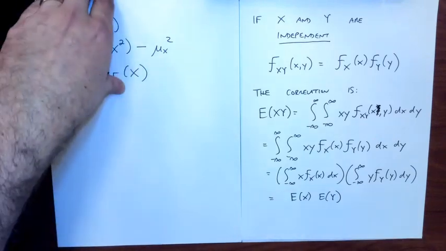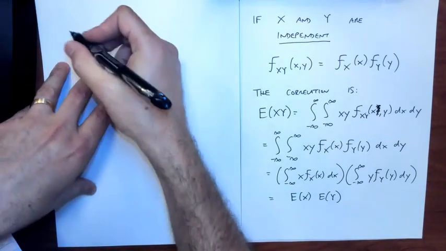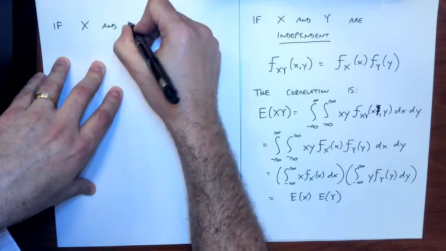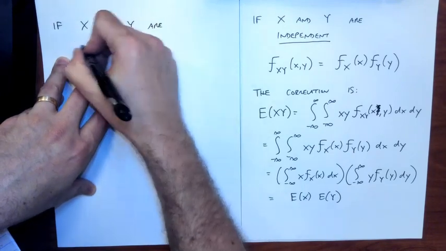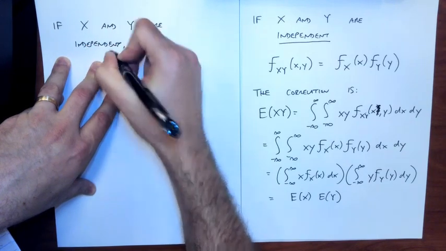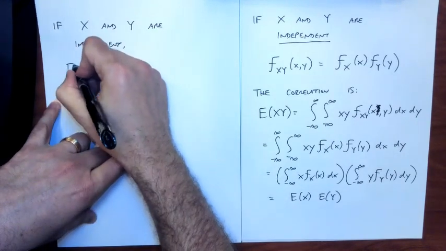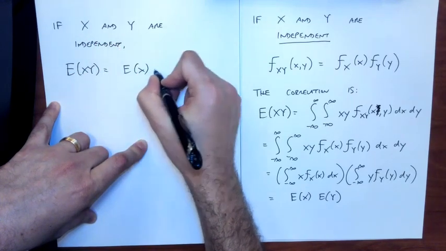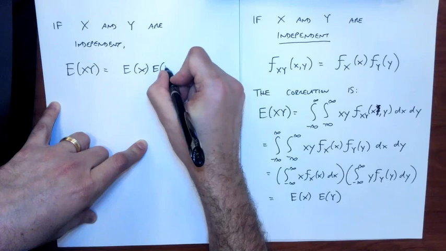And then, I'm going to write it again over here. If x and y are independent, I'm going to just restate what I said. This expected value is the same as this product.